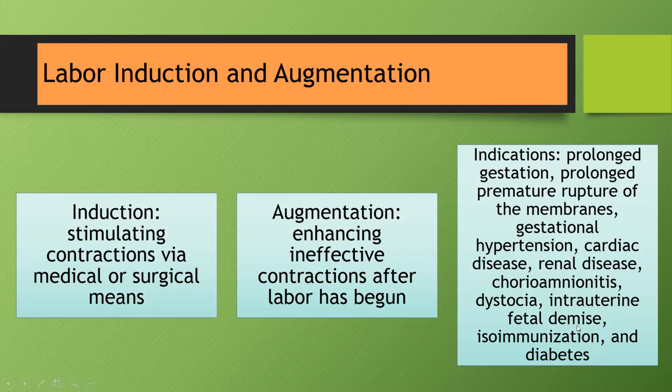So if the baby has died, we do need to induce labor or augment labor that's already happening. Isoimmunization, that's that Rh factor. If we are concerned that there's been a breach and that baby has become affected by some maternal antibodies, we need to induce labor. And diabetes. So those are all medical reasons for inducing labor.